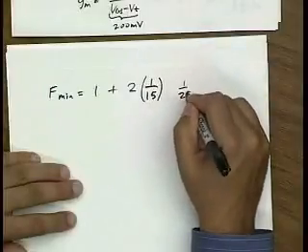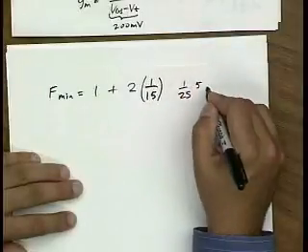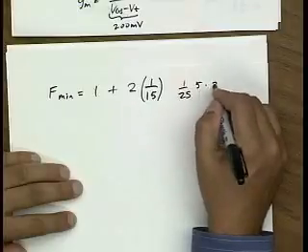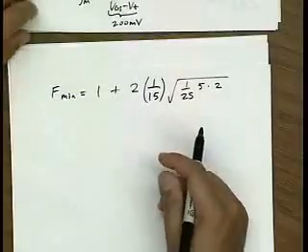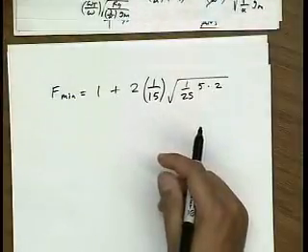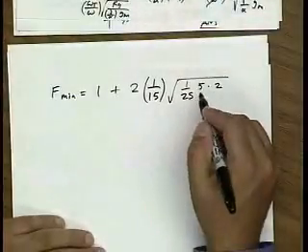GM is 1 over 25, RG is 5, and gamma over alpha is 2. Oh, sorry, wrong equation.